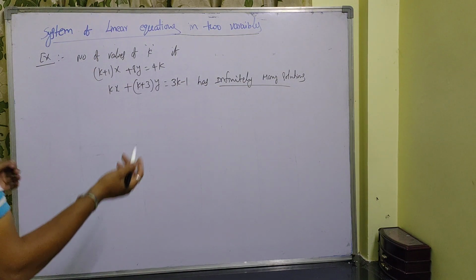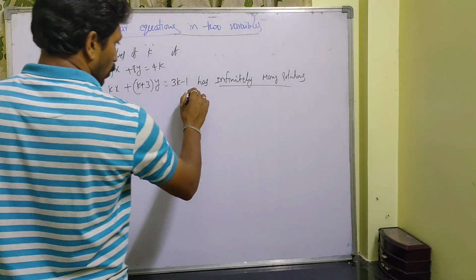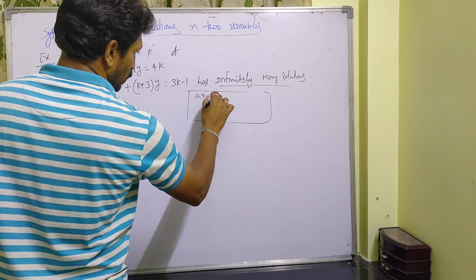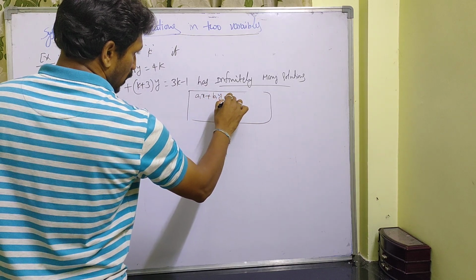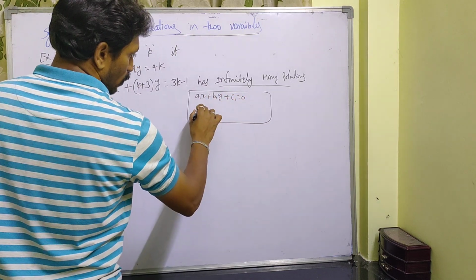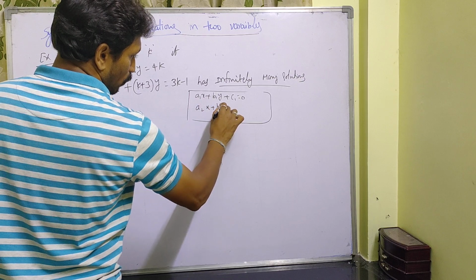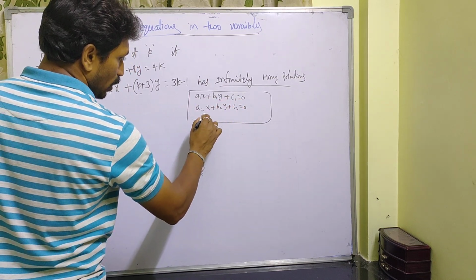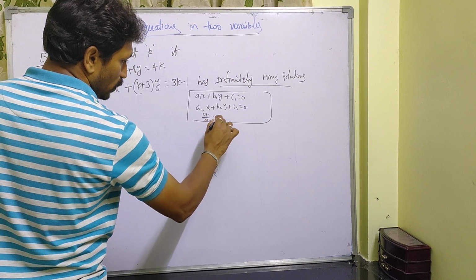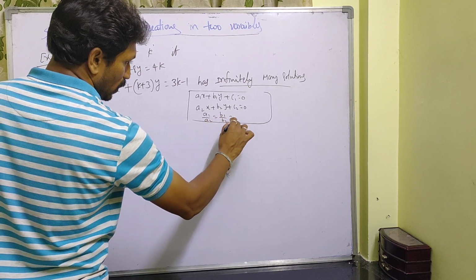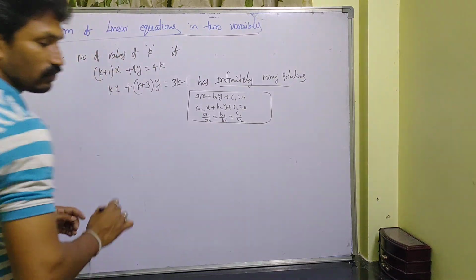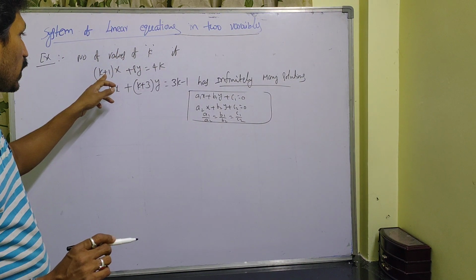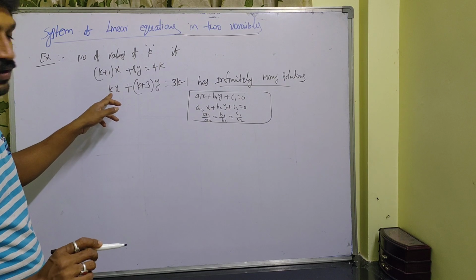Infinitely many solutions means, whenever you have two linear equations a1x + b1y + c1 = 0 and a2x + b2y + c2 = 0, that a1/a2 = b1/b2 = c1/c2. The same condition applies here. In the place of a1 we have k + 1, and a2 is k.